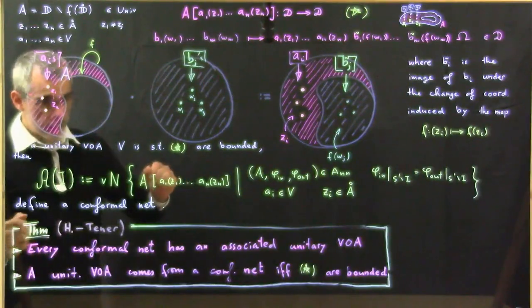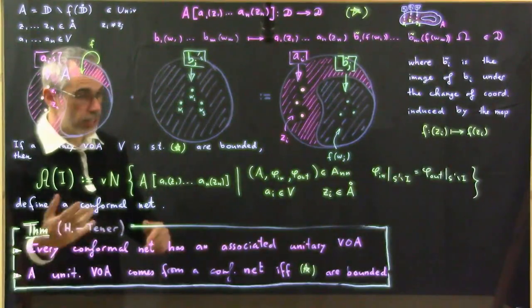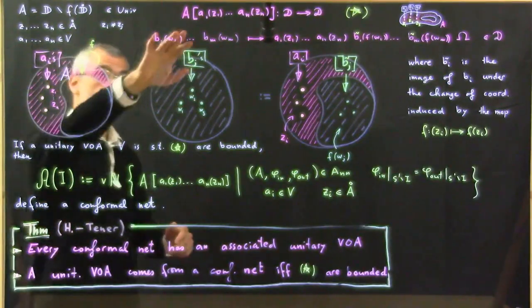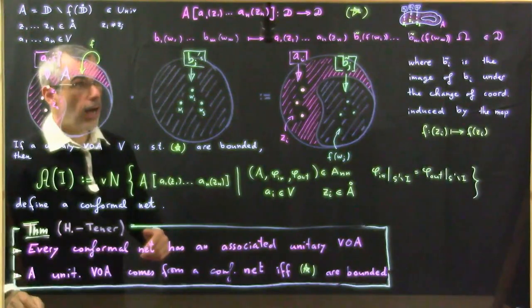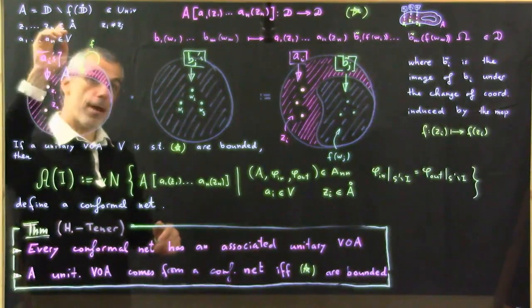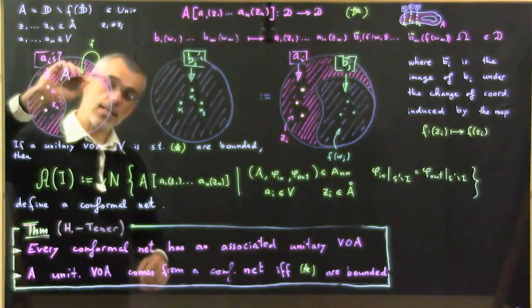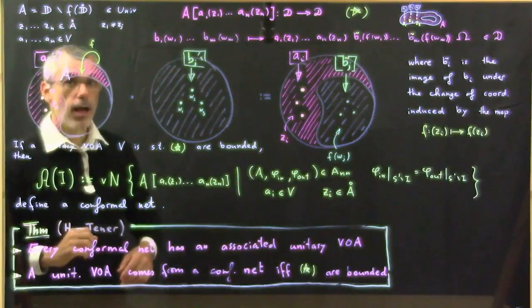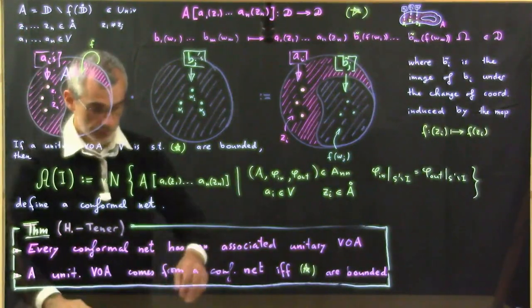Moreover, you don't need to check all such things. It's enough to restrict to A being univalent. And we may further restrict to the map F from D to D being a map that sends the origin to itself. And we may further restrict to a single field, so n equals 1.